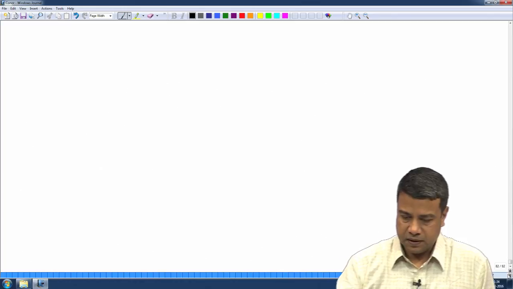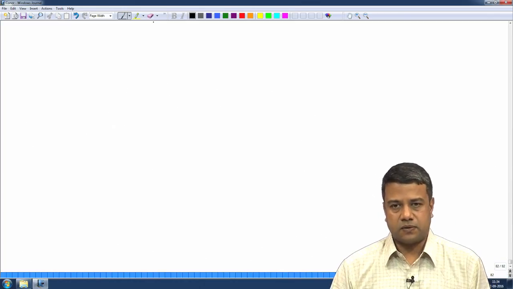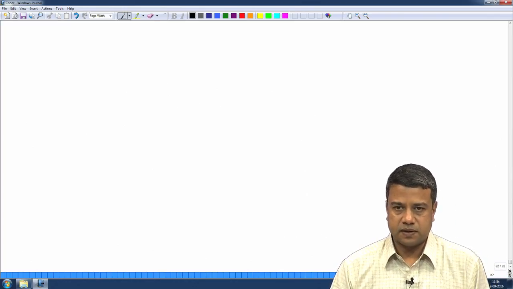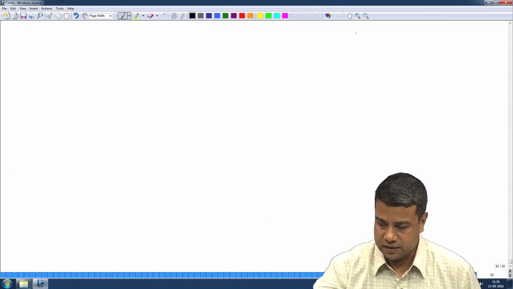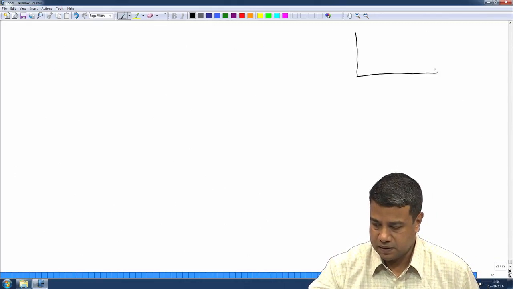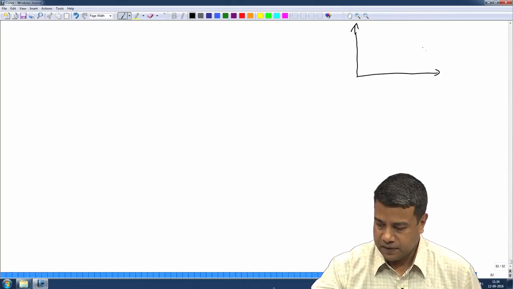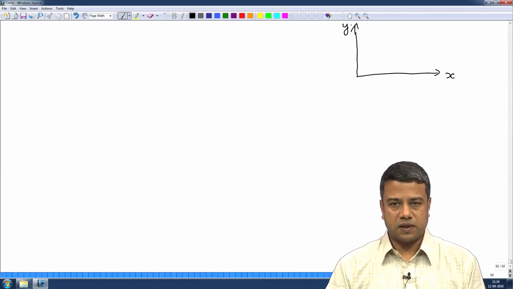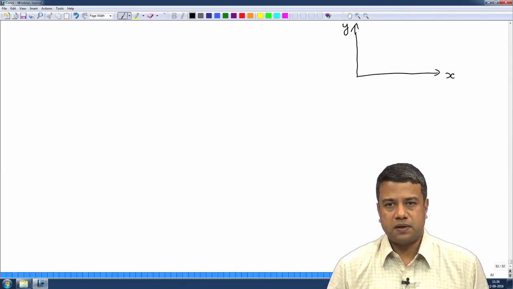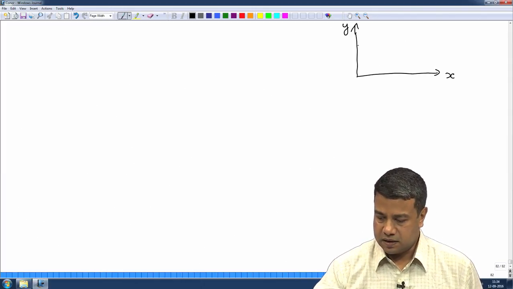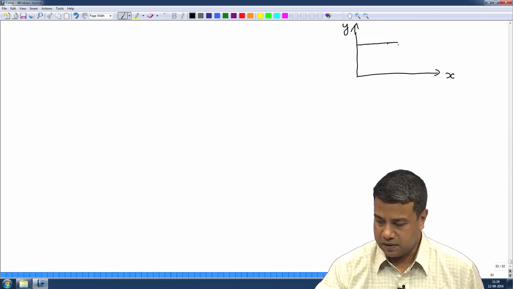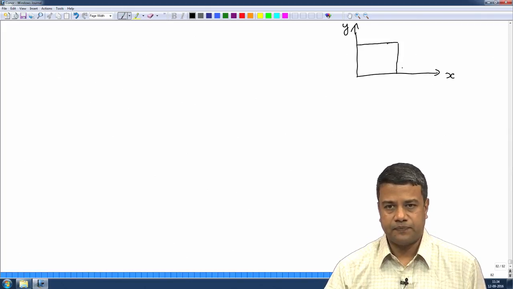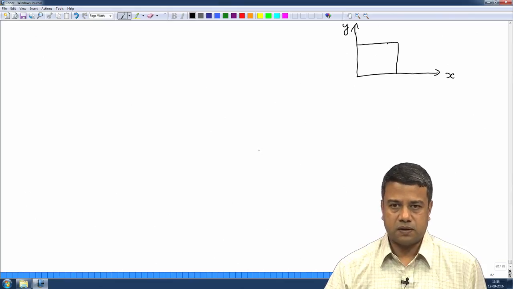Now, let us take first a Cartesian coordinate system. That is the simplest coordinate system that one can envisage. x, y. The simplest problem that one can consider is, for example, in 2 dimensions, the transport in a square or a rectangular block. So, I have a rectangular block of a solid or a fluid which satisfies the conservation condition.